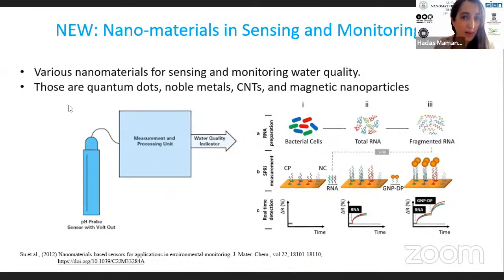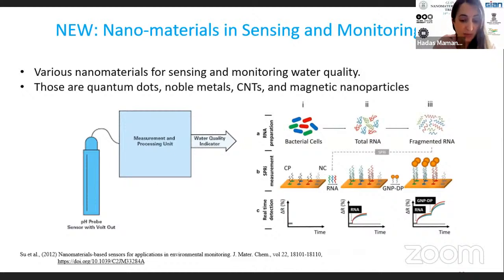A few new important features, for example, is use of nanomaterials for sensing and monitoring of water quality parameters. So for example, nanomaterials are known, and we already discussed this, to have excellent electrical, optical, thermal, and catalytic properties and strong mechanical strength, and they give us wide opportunities to construct nanomaterials-based sensors or devices that can actually be used for monitoring environmental contamination in air, water, and soil.